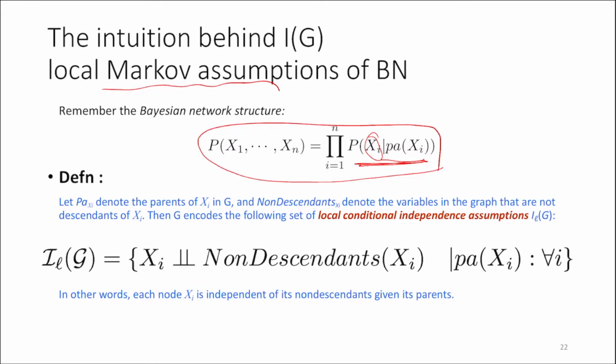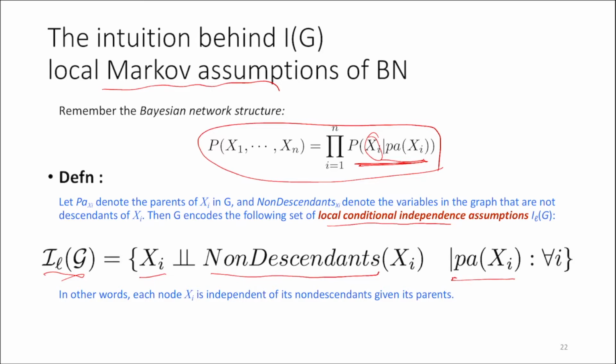Based on that, we can define the so-called local conditional independencies. Although it may sound like a mouthful, it is actually very simple. Given a graph, the local conditional independencies are a set of independencies that look like this: a variable, independent of the set of its non-descendants, conditioned on its parents.